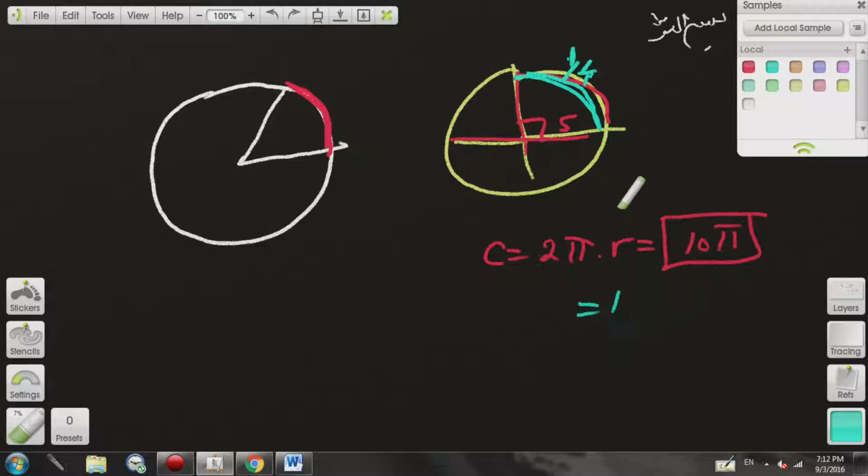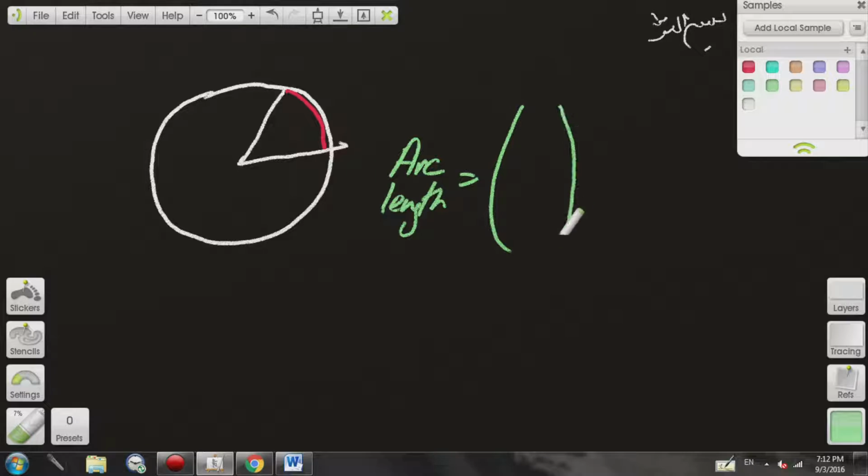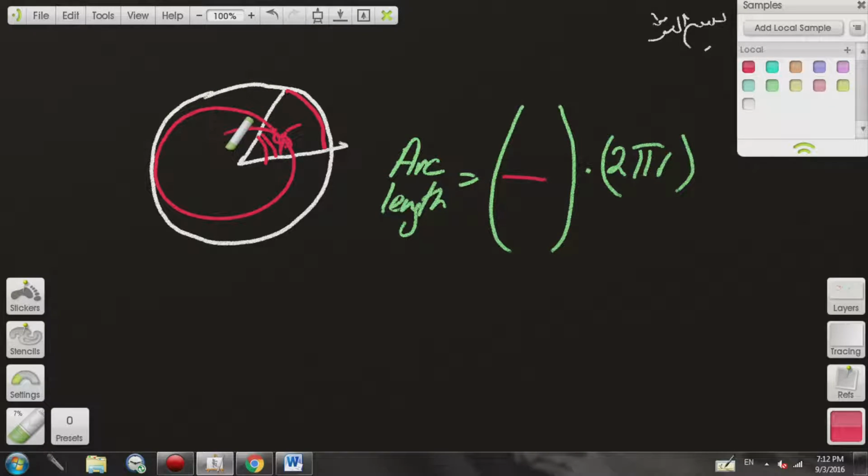So in summary, you can find the arc length because every arc length is going to be some fraction of the circumference. So the arc length is a fraction of the whole circumference of the circle. What fraction? Well, if you know the angle, in this case it was 45, it's going to be 45 over the whole thing.